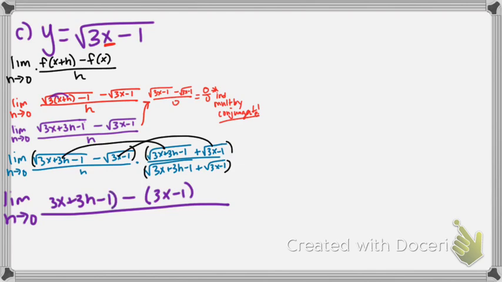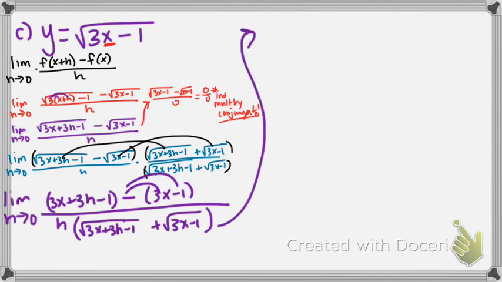If you want, you can put parentheses around this one too. It's up to you. Remember, in the denominator, we are not distributing. We're going to leave it like this. Plus radical 3x minus 1. Okay, I'm going to distribute this negative, and I won't write the parentheses on the first one anymore. Limit h approaches 0.